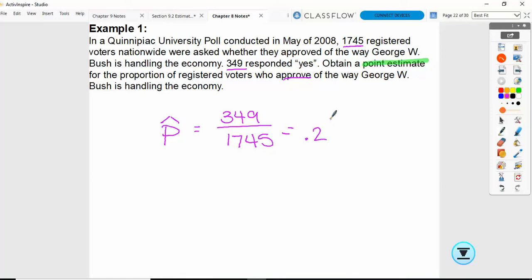So my point estimate is 0.2. That means I could estimate 20% of the population was in favor based off my sample. Any questions about that part, just finding a p hat? That formula is not on our formula sheet, but I think we can remember how to do that one. Just divide them.